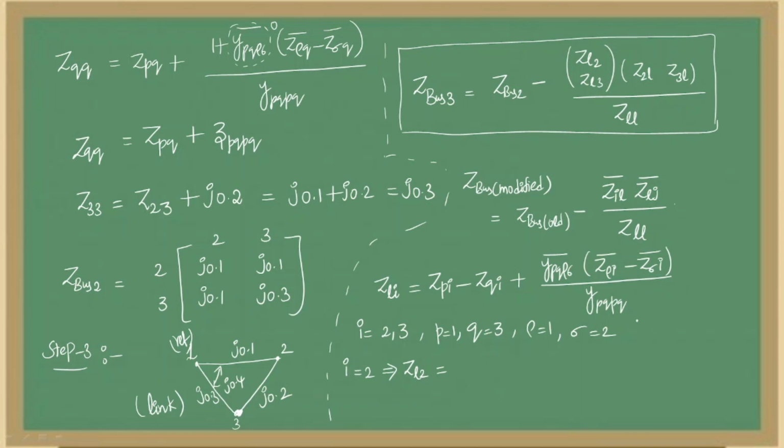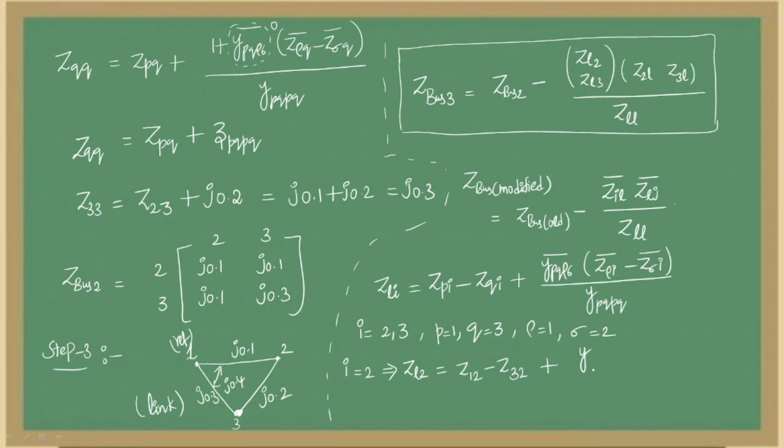Okay. Now, substitute all these terms in this mathematical expression. When I is equal to 2, you will get ZL2 is equal to Z12 minus ZQ, Q is 3, I is 2, so minus Z32 plus Y_PQ,ρσ, where PQ is the added element, and rho sigma is the element which has the mutual impedance with the added element.